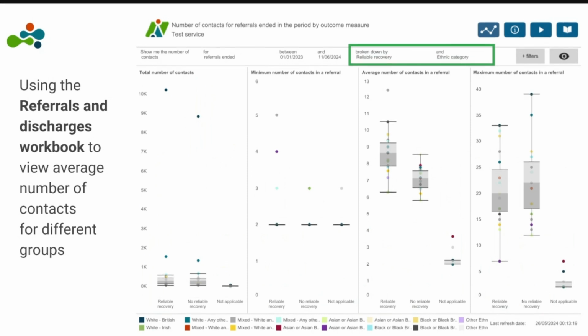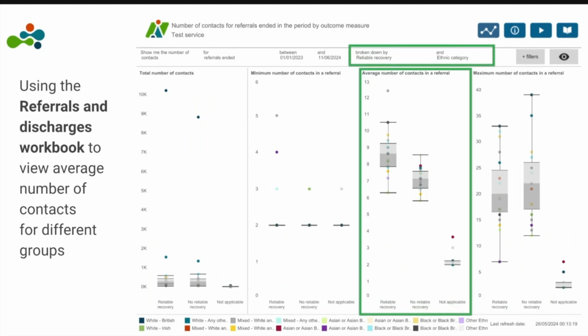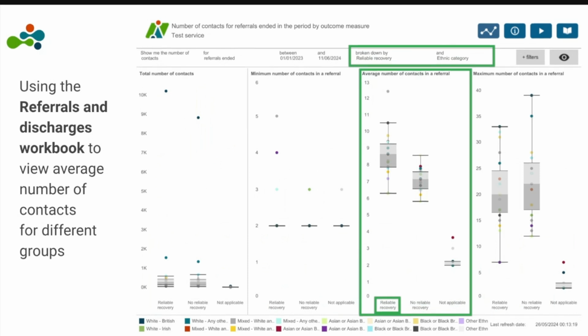But for example, these plots here, this is showing the average number of contacts for those people who show reliable recovery. It's got the average number of contacts, and each dot represents a different ethnic category. So you can clearly see where there's major differences. Just to say, this is dummy data that we're looking at, so some of the things that show up on here might not quite make sense.